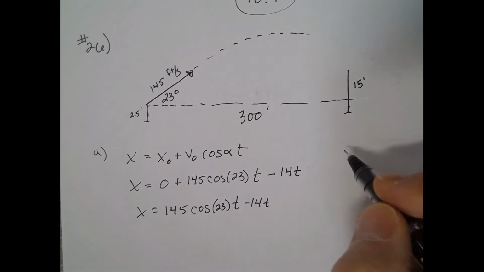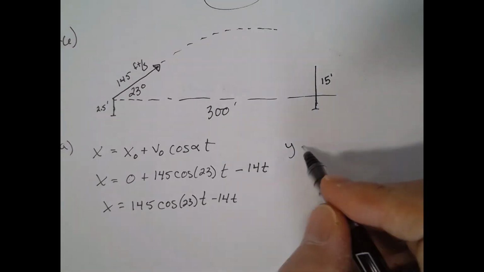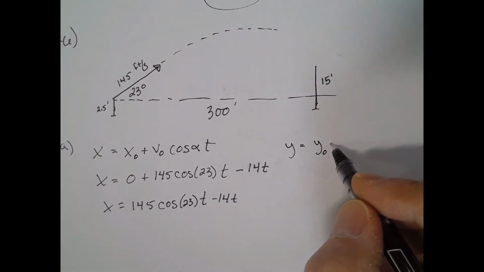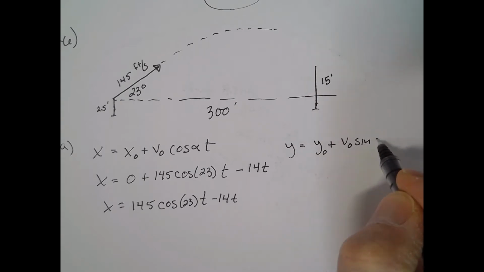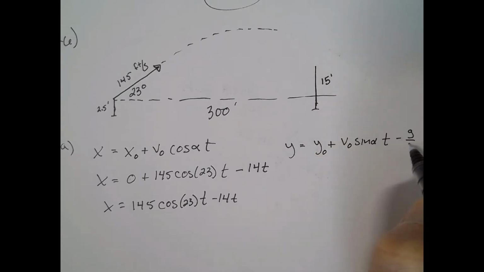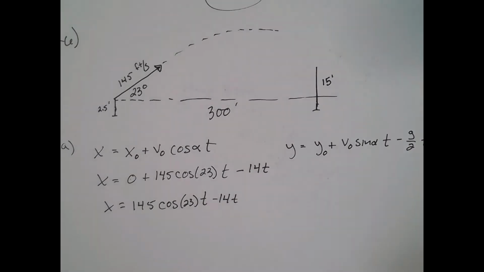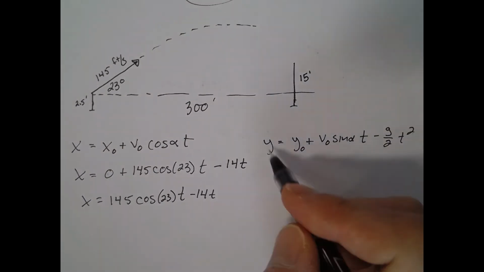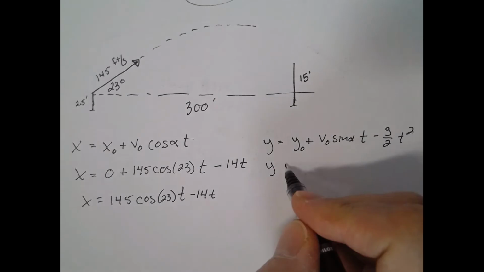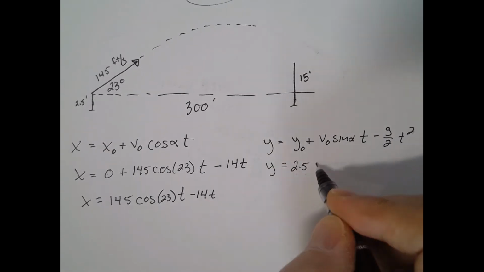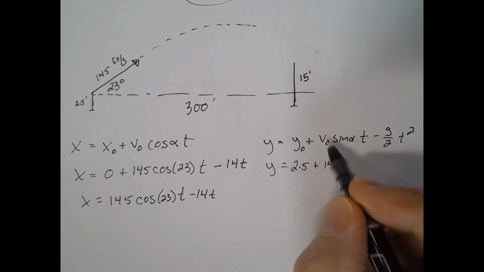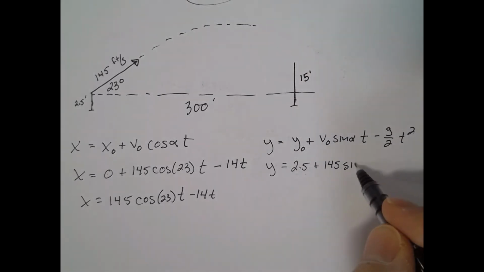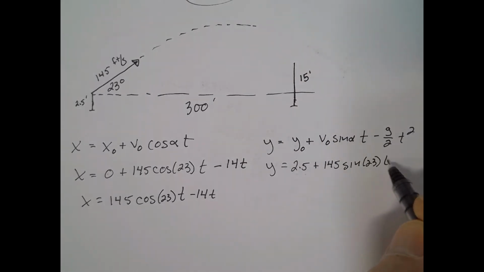Our Y is generally equal to Y sub 0 plus V sub 0 sine alpha t minus g over 2 t squared. We do have an initial Y, it's 2.5 feet, so Y equals 2.5 plus 145, our initial velocity, sine of 23 degrees t minus, we're in feet per second, so 32 over 2 t squared.